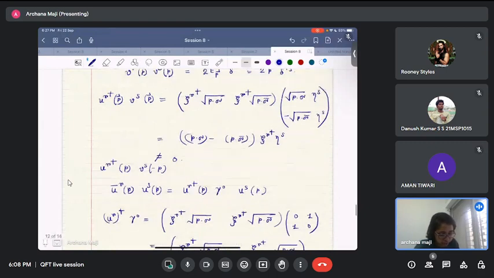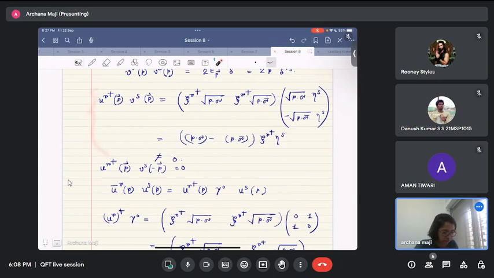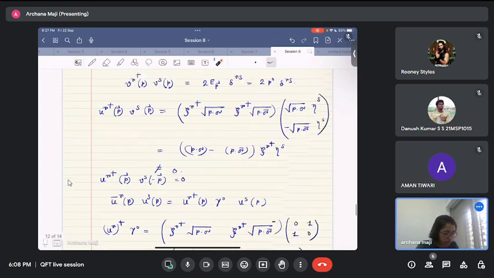So these are nothing but vectors, because p0 is related to this p vector. If you take this particular combination u_R dagger (p) v_s(-p), then that becomes 0, but this combination is not necessarily 0.